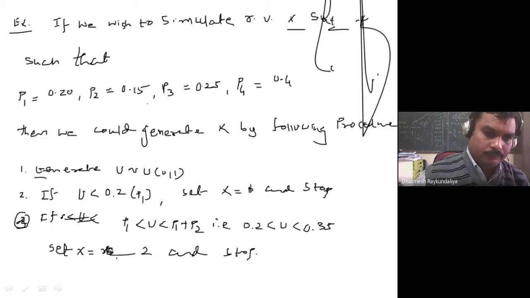Third, here it is 0.35 and this is 0.35 plus 0.25, which is 0.6, and then 0.6 plus 0.4 is 1.